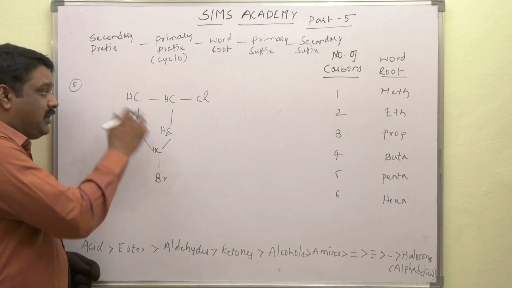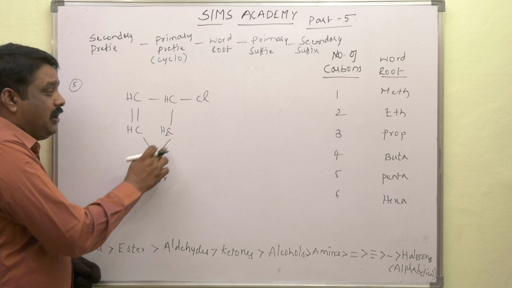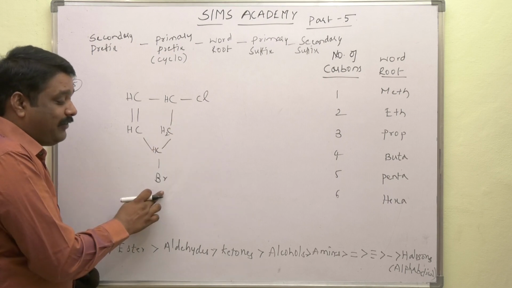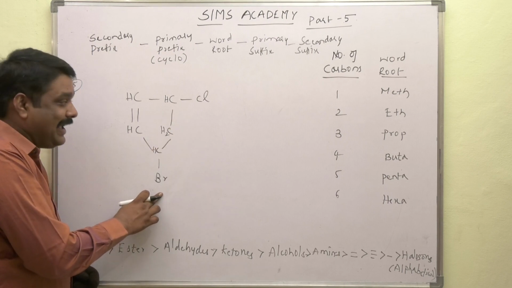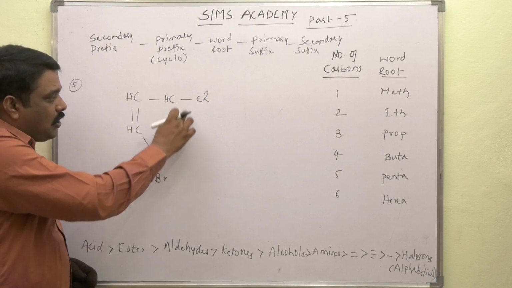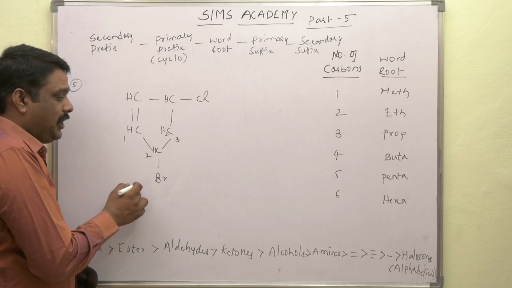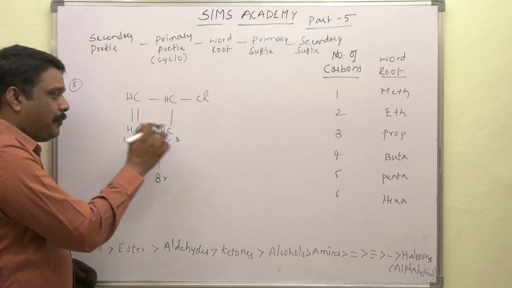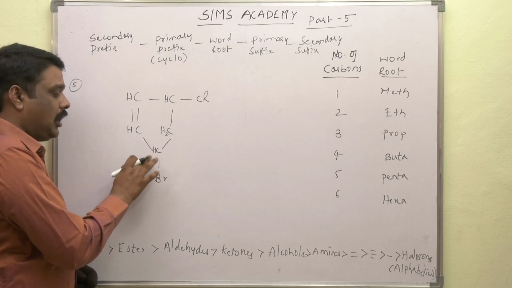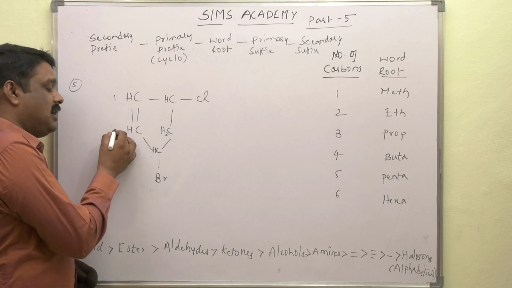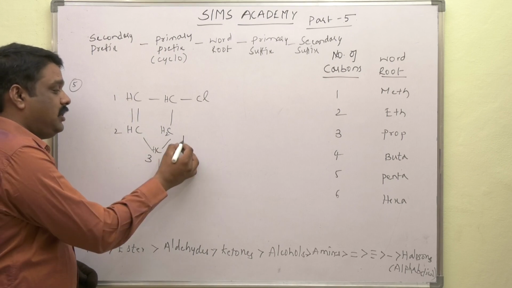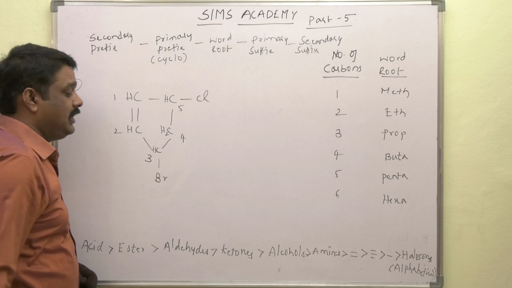If I come from this end, 1, 2, 3, 4, 5, we will be getting 3 for bromine. Hence, we need to go in the clockwise direction. We should not give numbering like this. Already I told you, we need to jump from this double bond or triple bond. Hence, 1, 2, 3, 4, 5.